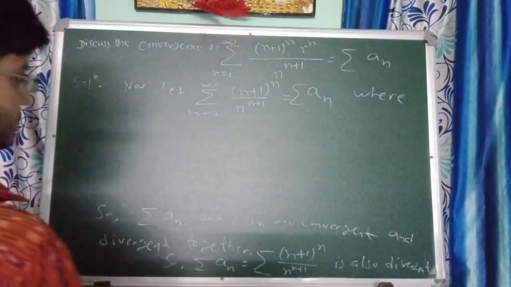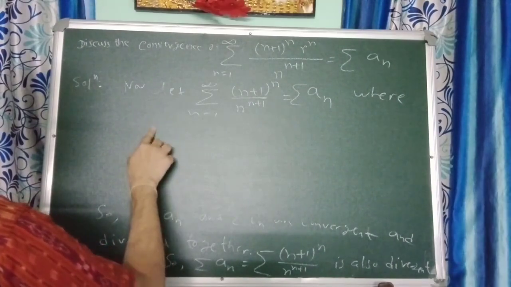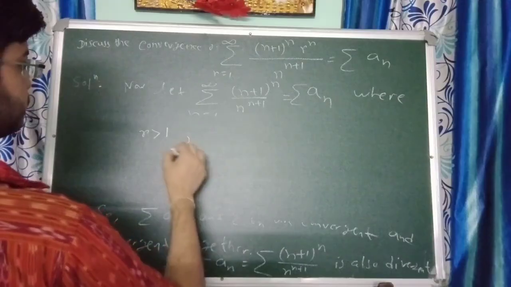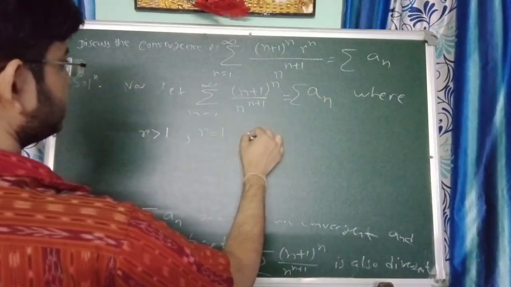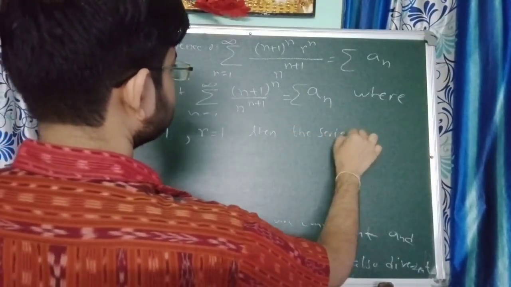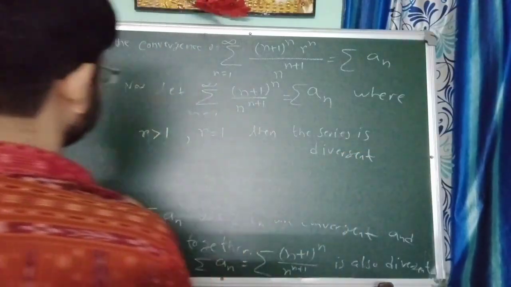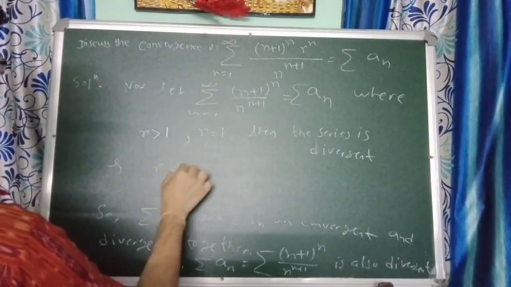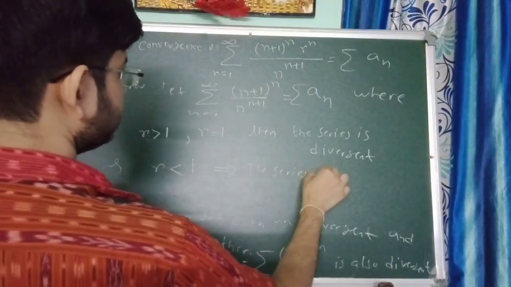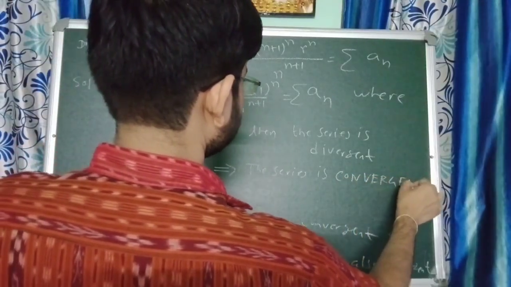So if we summarize the total result, when r is greater than 1 and when r is 1, then the series is divergent, and only when r is less than 1, the series is convergent.